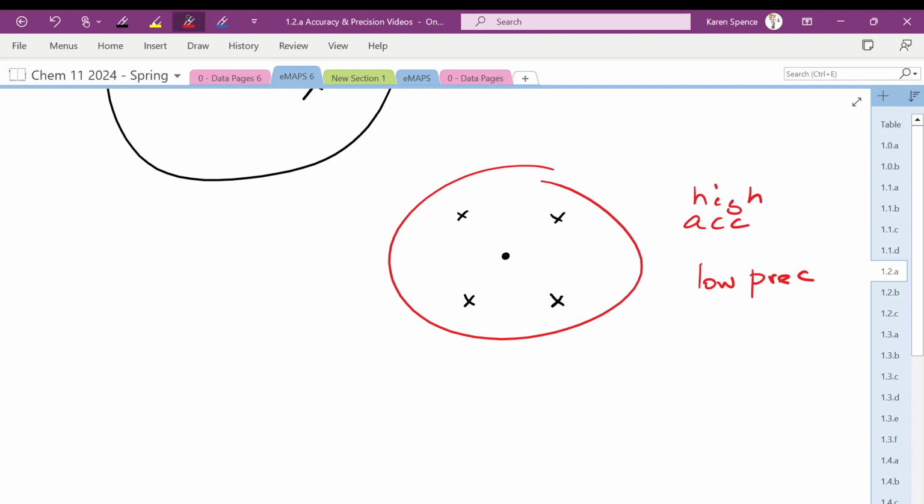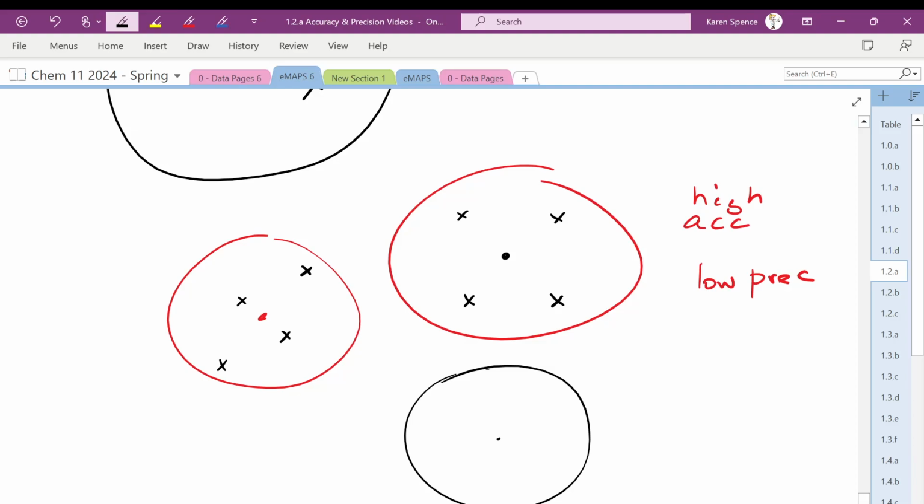I could also go like this. Does that work? Because the center is also at the center. What if I needed to do 3 points? How could I do it with 3 points? I can make a triangle.